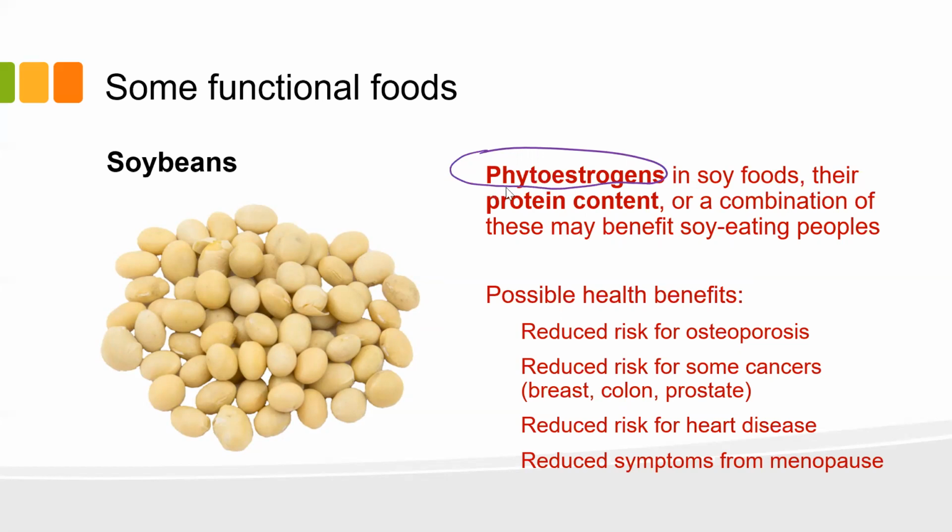If you can see this term here, phytoestrogen, right? This is actually a chemical that is similar to human estrogen, right? And human estrogen, of course, is a female hormone, and it has a whole bunch of functions.